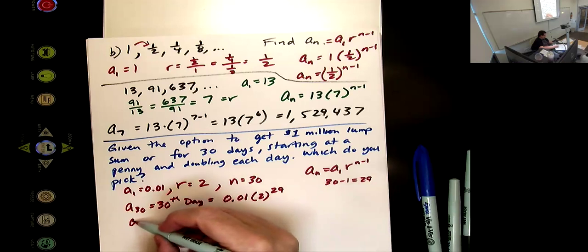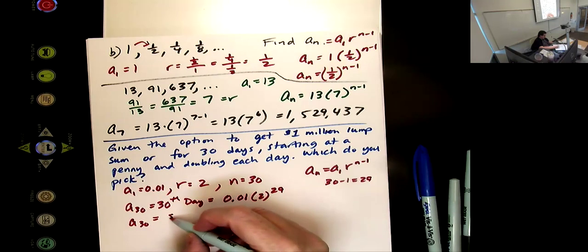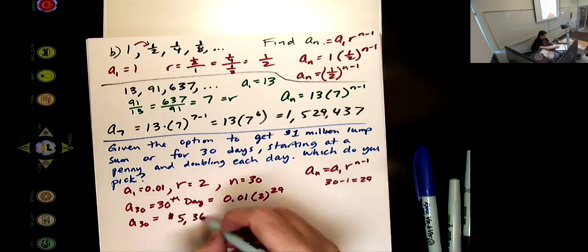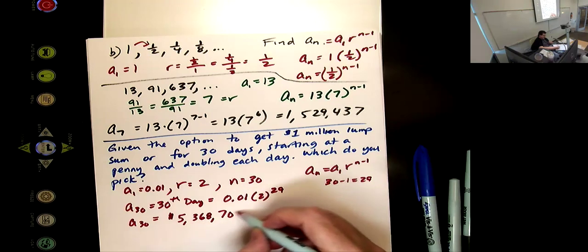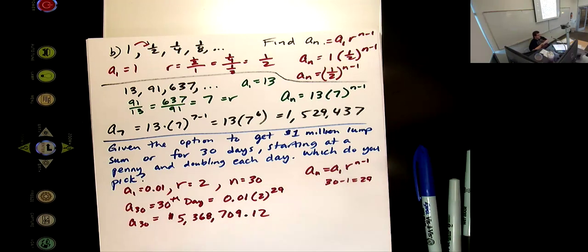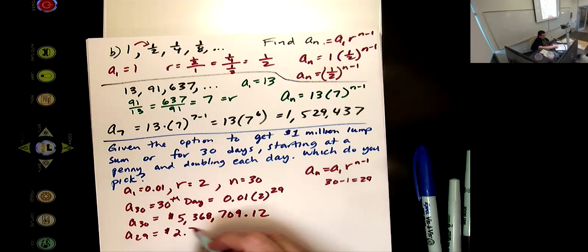A sub 30 is $5,368,709.12. A sub 29 is half that. You're looking at 2.68 million.